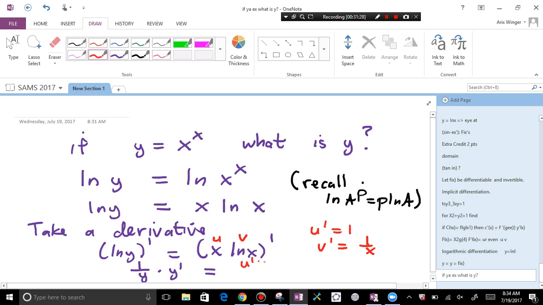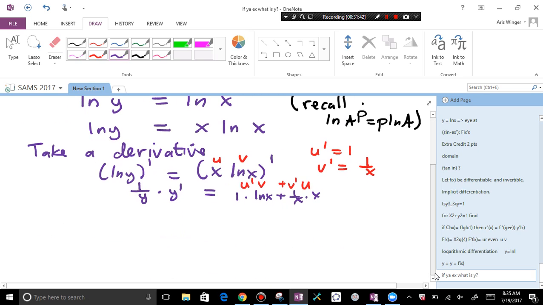U prime v plus v prime u gives us 1 times the natural log of x plus 1 over x times x. 1 over y times y prime equals the natural log of x plus 1.